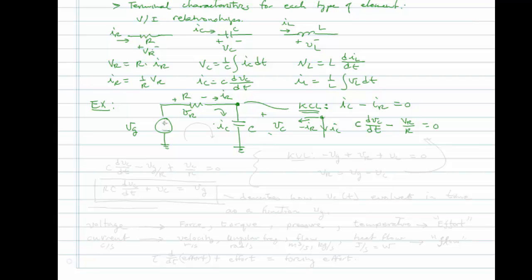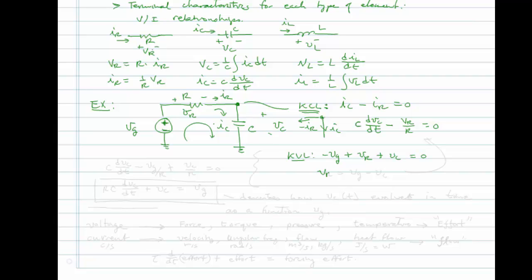So we use KCL. We also need to use KVL to complete this. So KVL, if we go around the loop like this, counterclockwise, we'll have minus VG, because I'm going to use the convention that when I enter a negative labeled node, I'm going to say that's a minus. So minus VG plus VR, because I enter the positive node of VR, plus VC is equal to 0.